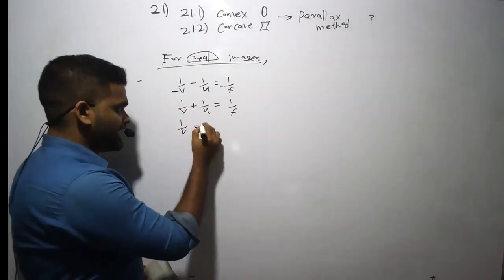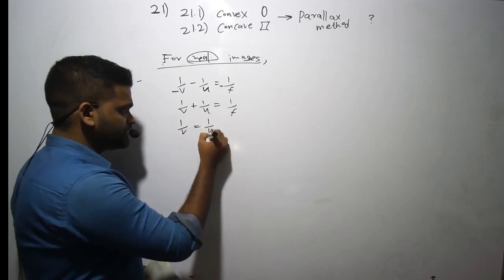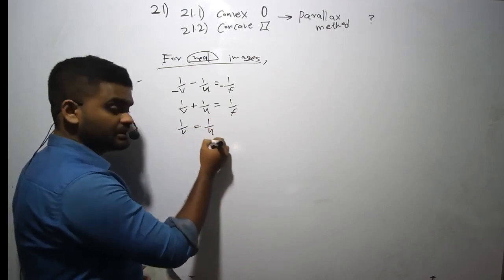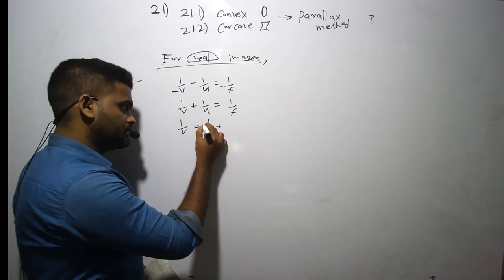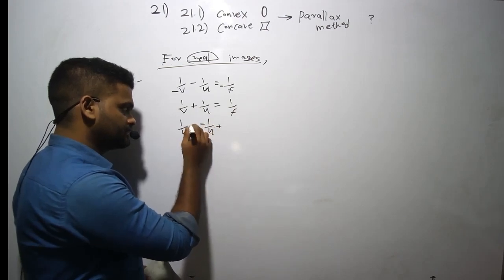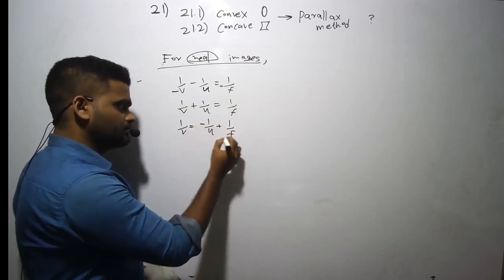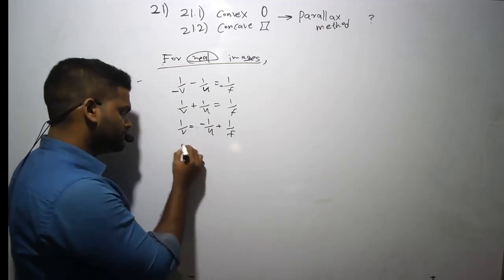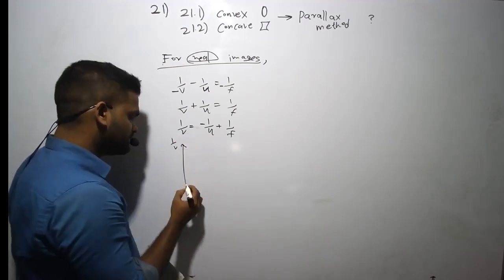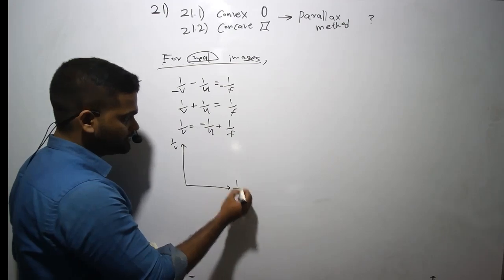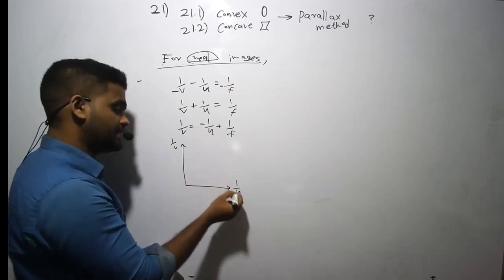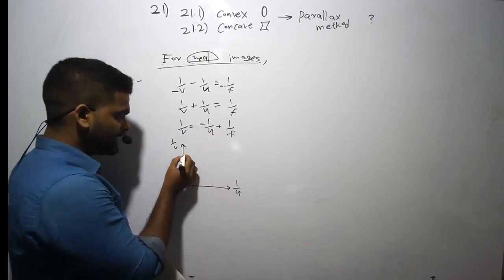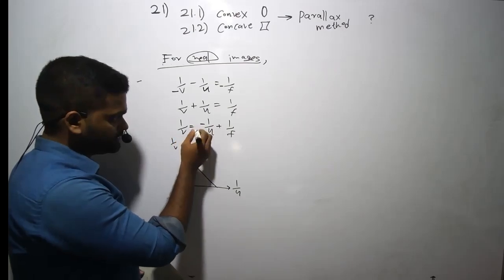If you arrange this, so 1 over V is the dependent variable, and you have the independent variable 1 over U as the X. So you get a negative gradient, negative 1.